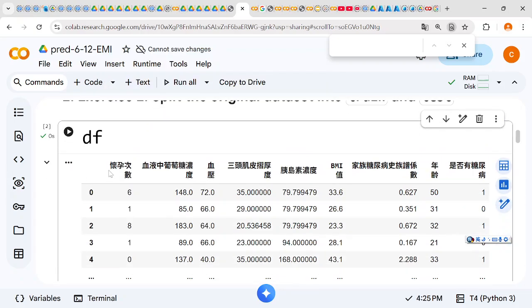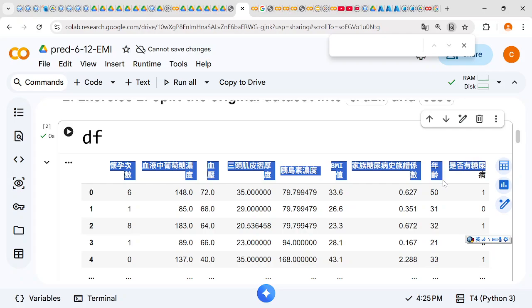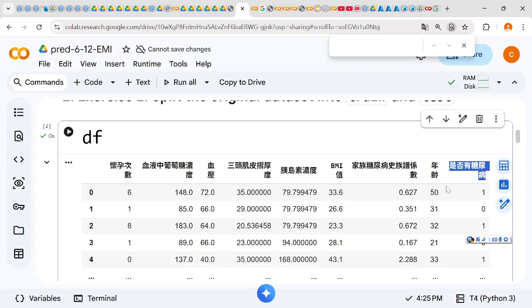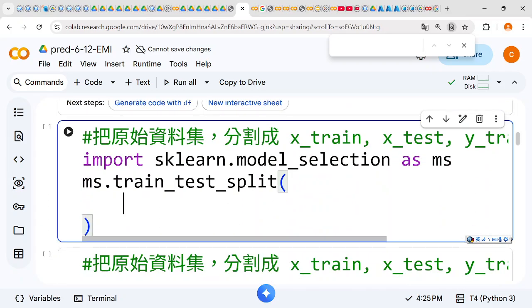So the X value is like here. That is the DF with this column deleted. So the X columns are the DF that I drop a column called, what? Called this.